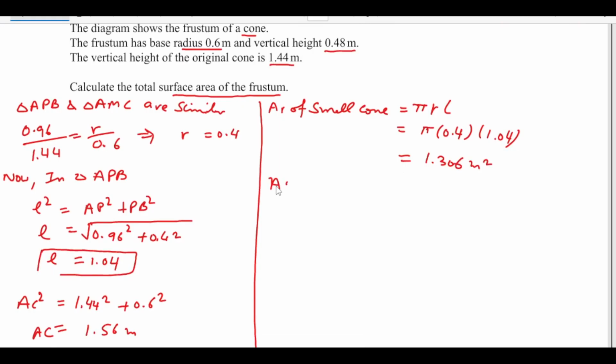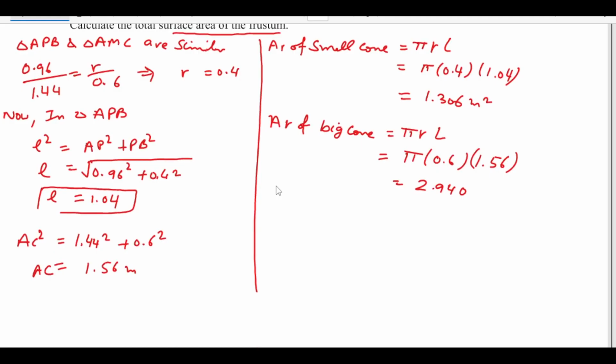Then the area of the big cone is pi r and capital L. So this is pi into 0.6 into 1.56, which is 2.940.